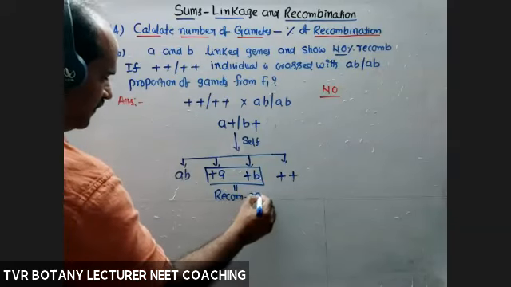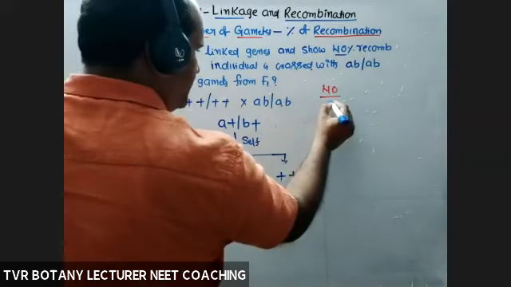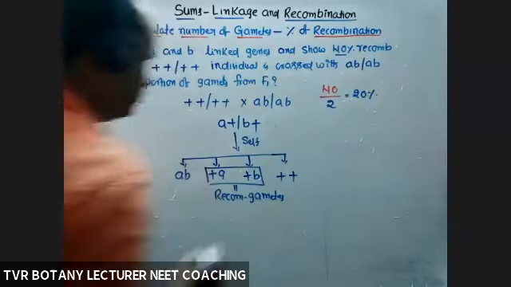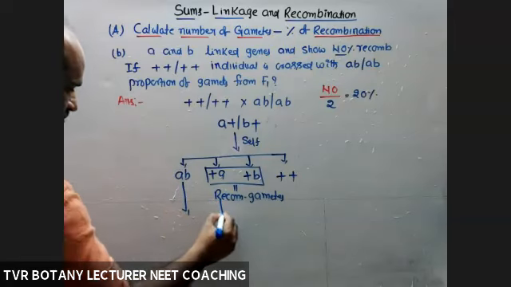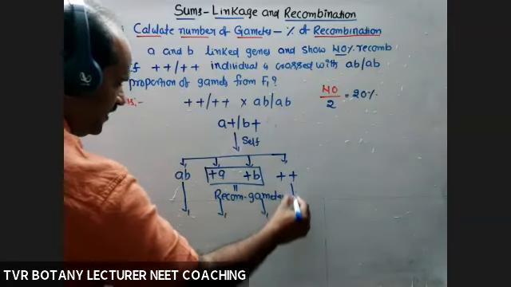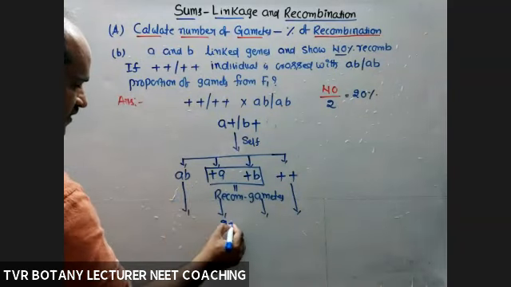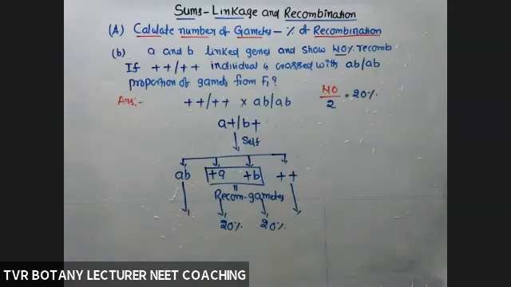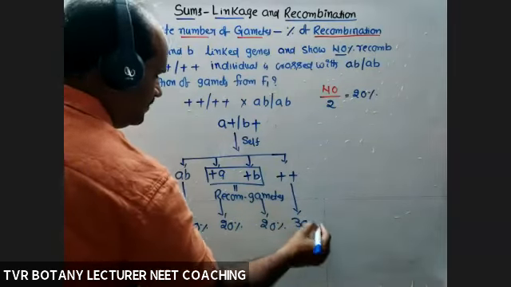So 40 divided by 2, each one 20%. Now what about this one and this one? First decide these two things. 20%, 20% completed. 40% completed. Remaining how much? 60%. So 30%, 30%.